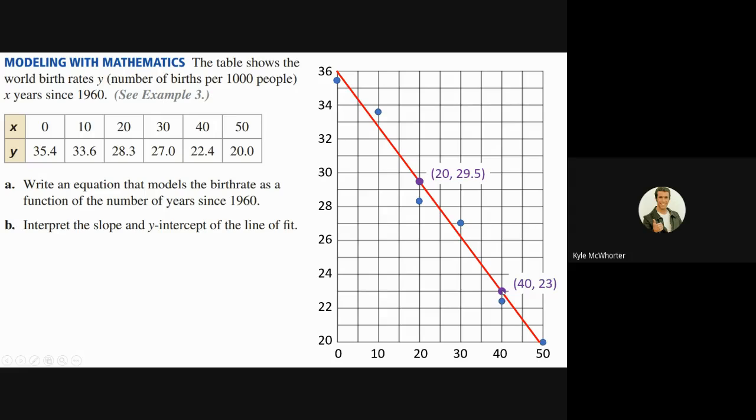You see how the line kind of crosses on one of these grid points? So that would be when X is 40 and Y is 23. So here we've got 2 points that are on this line. Now we are going to use these 2 points to find the equation of this line. We start off by finding the slope.